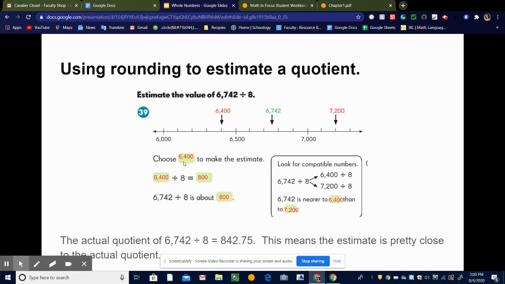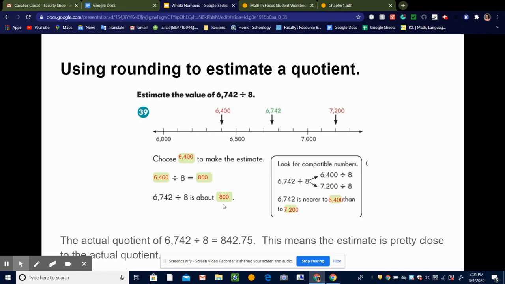Okay, so I chose 6,400 to make the estimate. Now I'm going to say 6,400 divided by 8. Again, if I know my multiples of 8, I can do that in my head, and I get 800. So 6,742 divided by 8 is about 800. Again, it's not exactly 800. Remember, we're just doing an estimate.